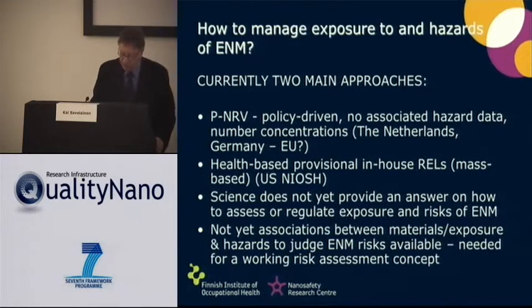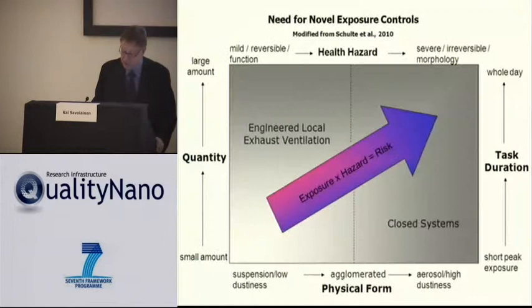And all these are needed for a working risk assessment concept. So for the time being, we have to consider main issues like importance or severity of the health hazard, quantities of these materials used, their physical form, and duration of exposure when considering the risk management, risk assessment frameworks.